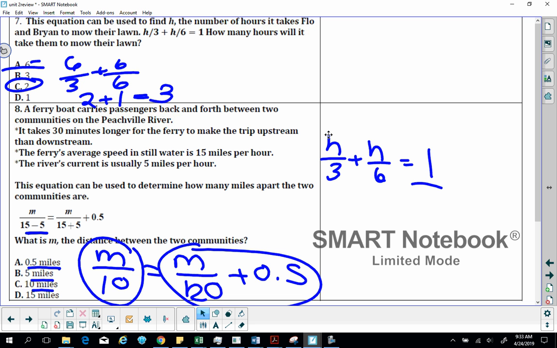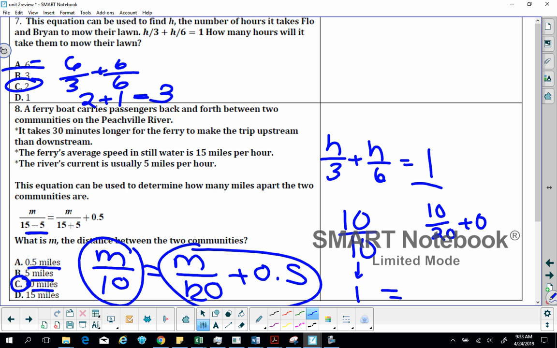All right, did y'all get the answer? What was it? It was C. Does anyone need me to go over it? All right, so when I plug in here 10 over 10, in your calculator even, what's 10 divided by 10? 1. And I need to equal this side, 10 over 20 plus 0.5.